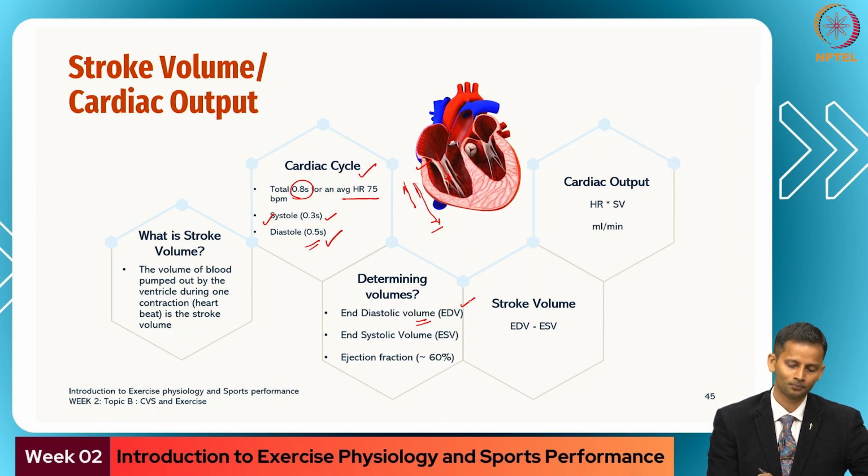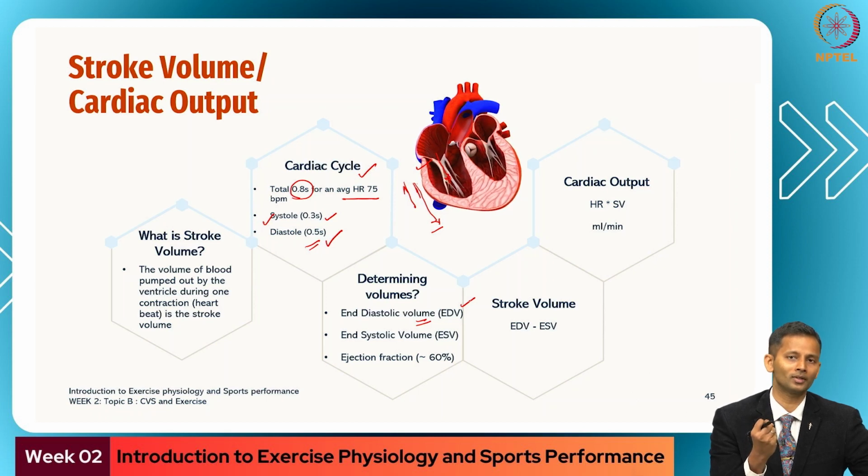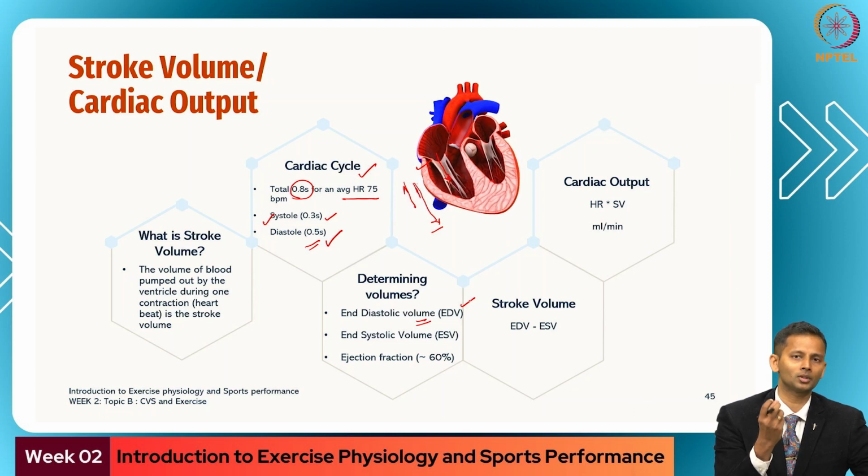Similarly, when the heart undergoes a systole or a contraction, it pumps out a certain amount of blood into the aorta, right? The left ventricle pumps out the blood at the end of systole into the aorta. But not the complete amount of blood that is there in the left ventricle is pumped out. Some amount of blood remains within the left ventricle.